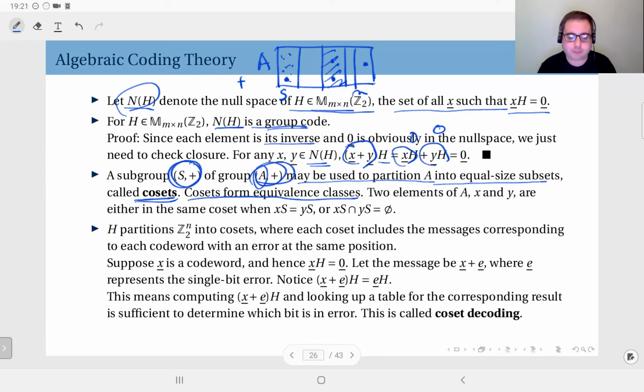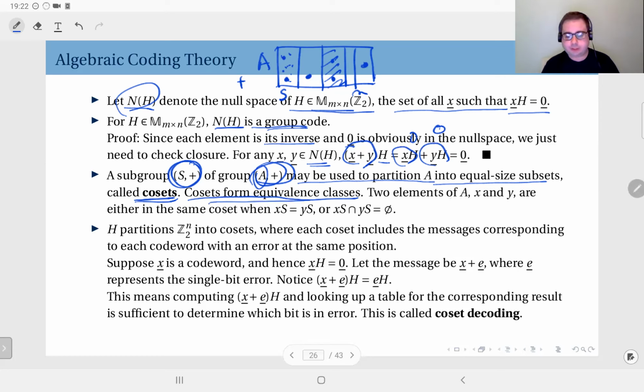If you take two elements, let's say this one and this one, and their operation with at least one of the elements in this set coincides, then they must reside in the same coset. Or alternatively, if none of those coincide, then they must lie in disjoint cosets. So cosets form equivalence classes.